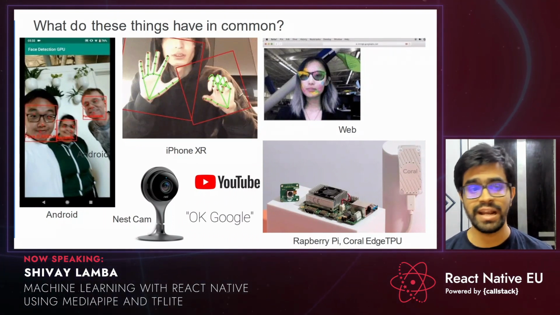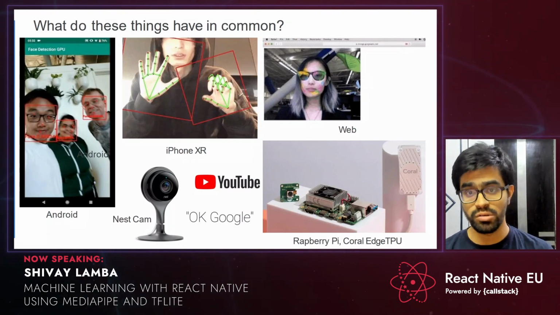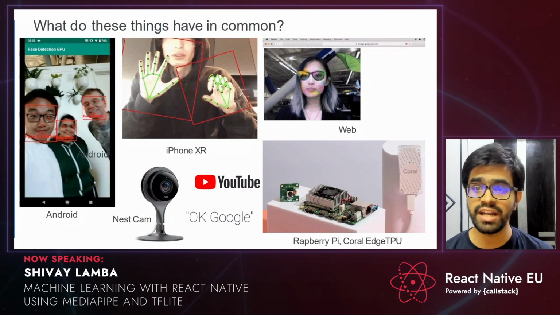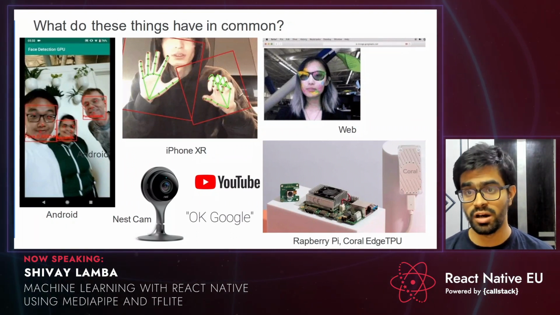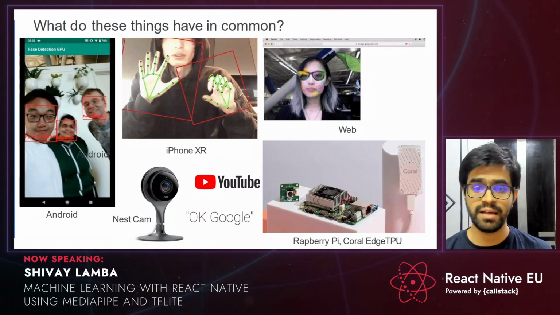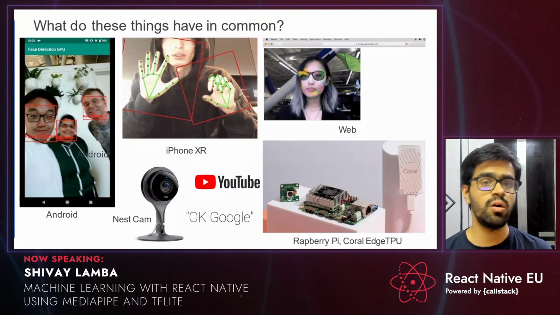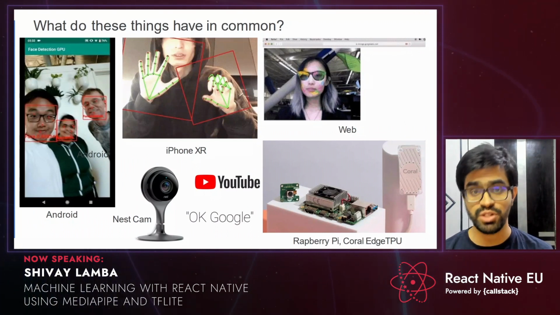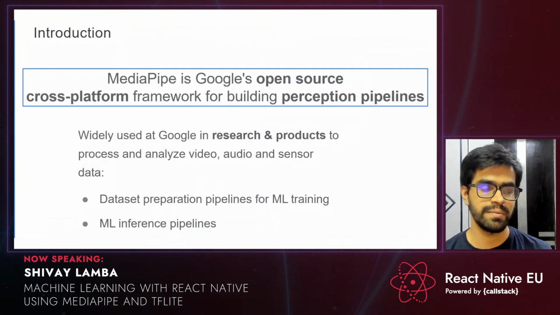You see an Android picture with face detection, an iPhone XR showing poses and landmarks of your hand, the web where you can see different effects happening on this girl, then a Raspberry Pi and webcams, and all of them have something in common. That something in common is that they all have different applications of machine learning, and that is being powered by one technology. And that technology is MediaPipe.